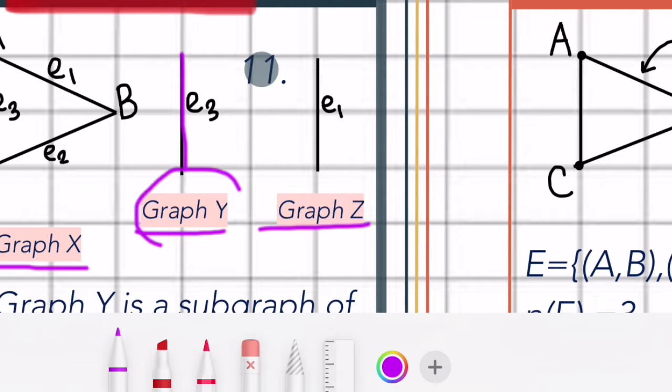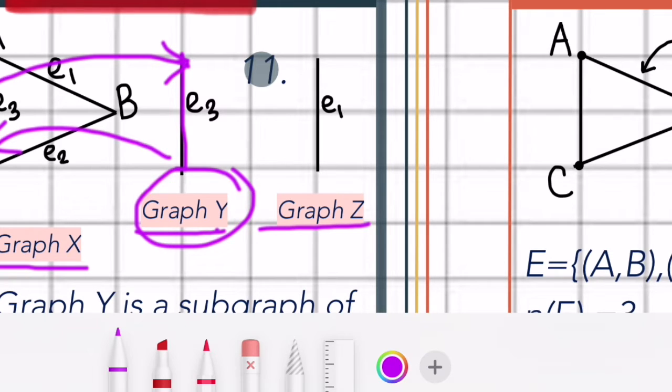So graph Y is the subgraph for the graph X because E3 is actually from the graph X. It's exactly the same. So that means you can cut and paste. If you can cut and paste it, you can cut the graph Y and paste here. That means it is subgraph.